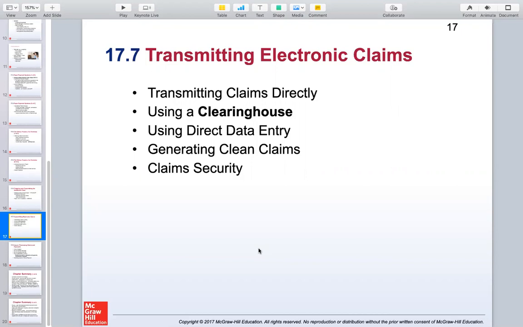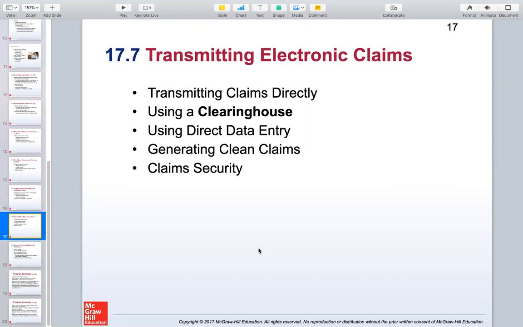And then claim security is just basically computer networks, which we have connected to our personal computers through a local area network. They basically provide any information that would make sure that we can submit those claims directly from our system to the insurance plan's system, or directly to their network.